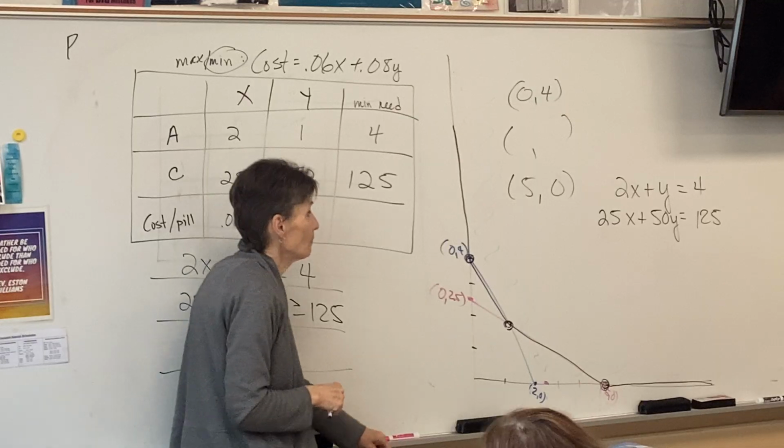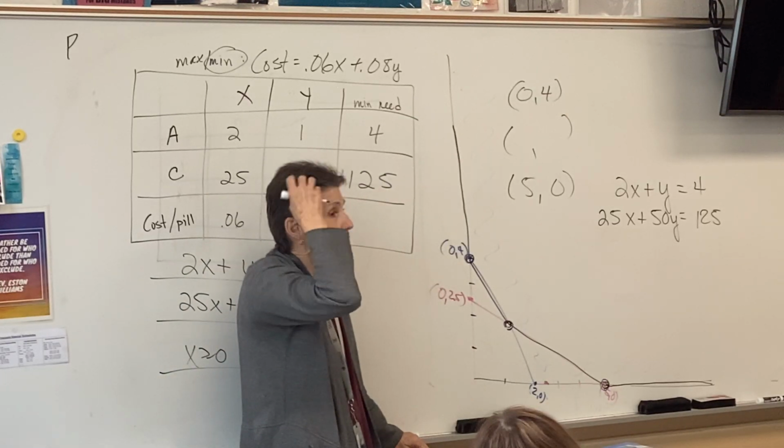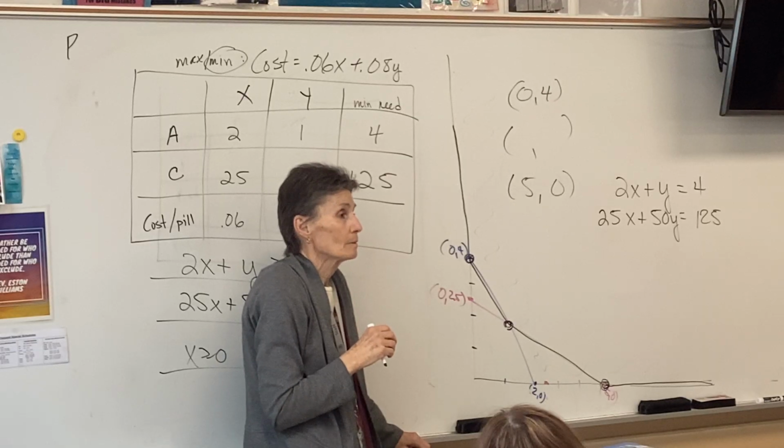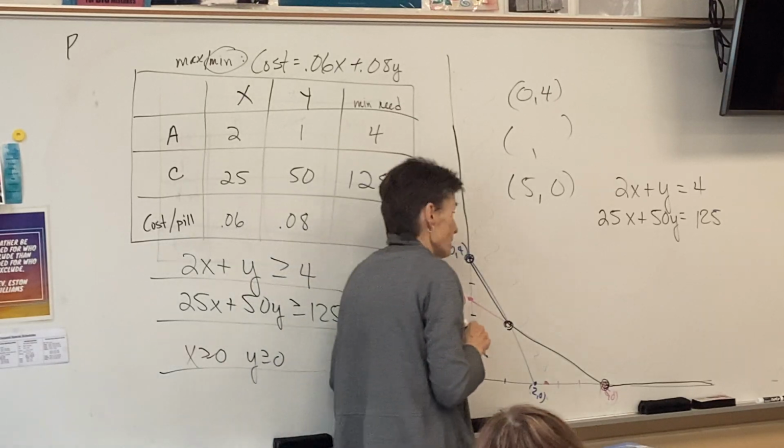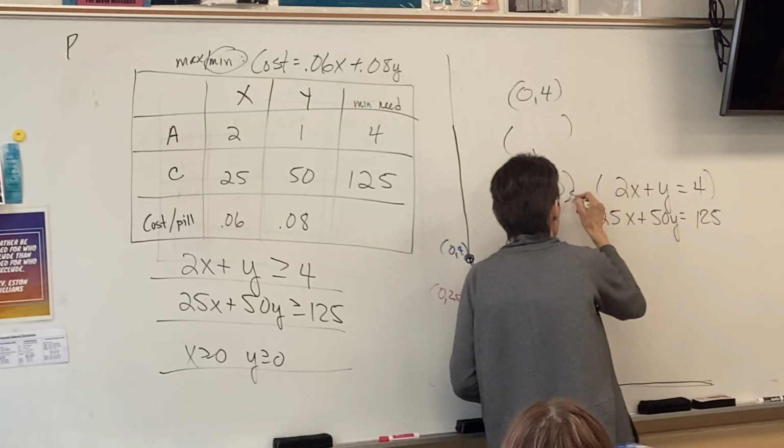All right, here we go. How do we do this? What do I do to solve that? I substitute or eliminate, yep, whichever you like best. I hate substituting. You can substitute.